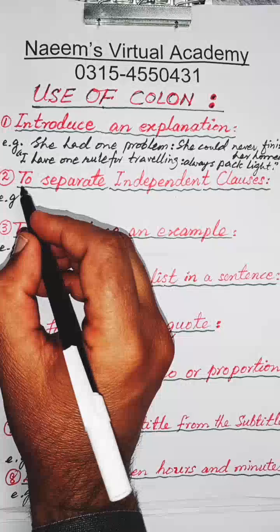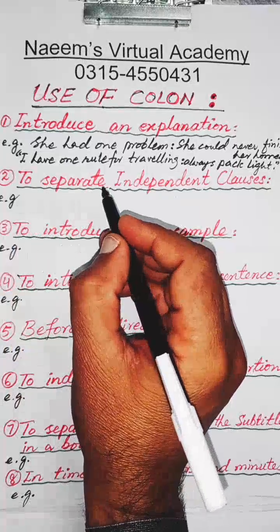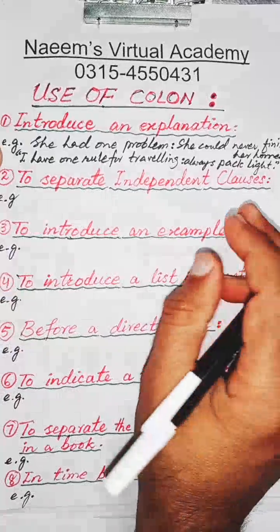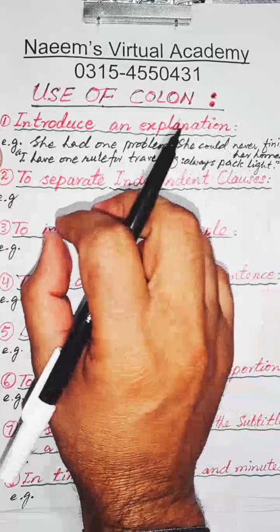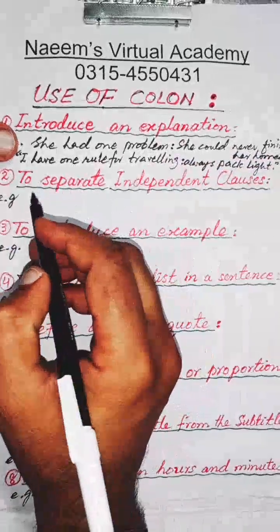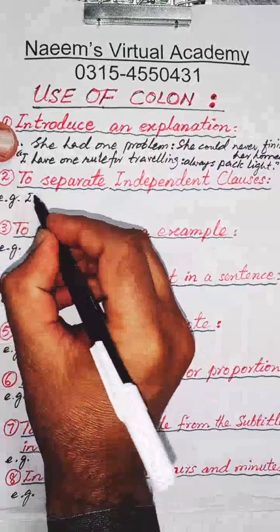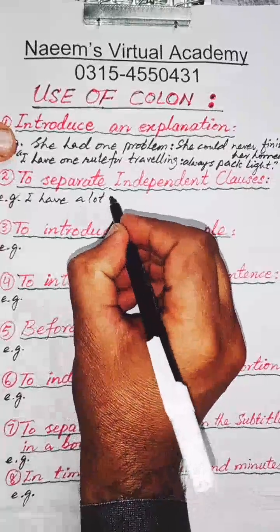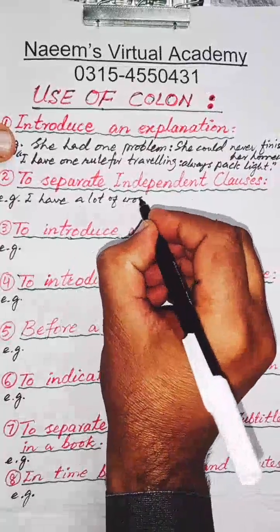Second use of colon is to separate independent clauses. Independent clause means they are closely related and they can be written as separate sentences. For example, I have a lot of work to do.